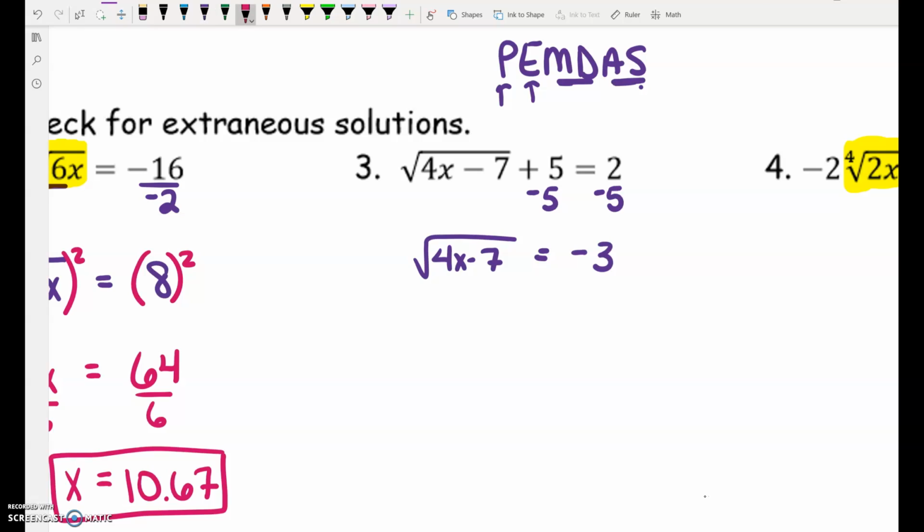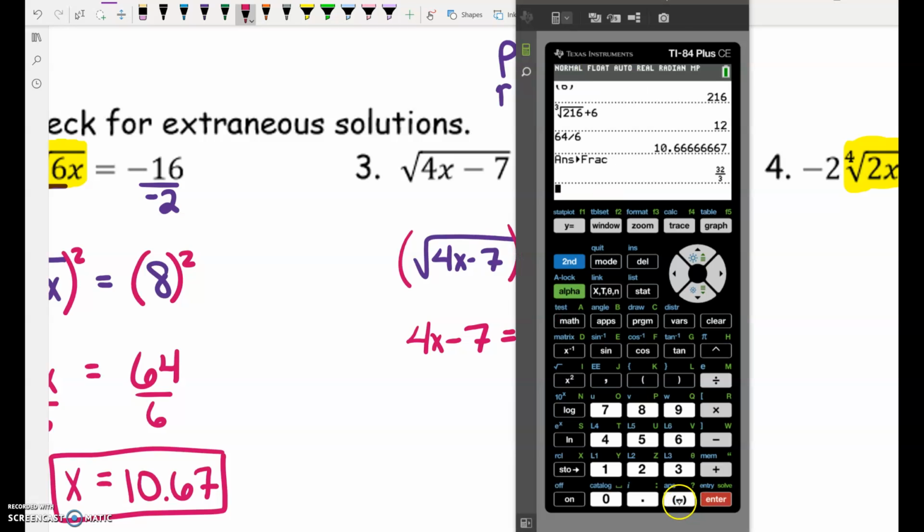To undo the square root, we square. What is negative 3 squared? Positive 9.